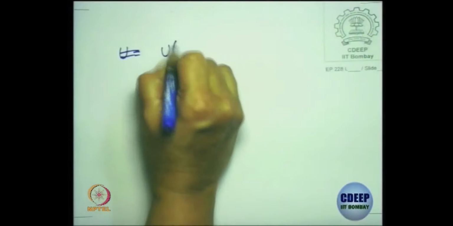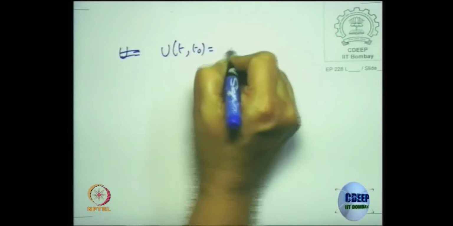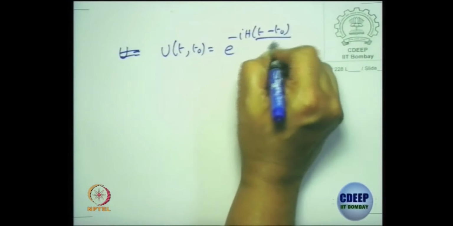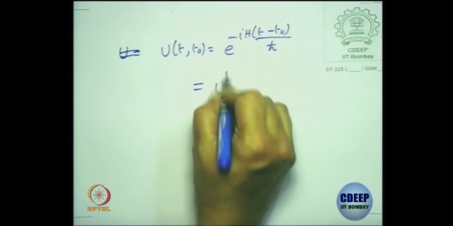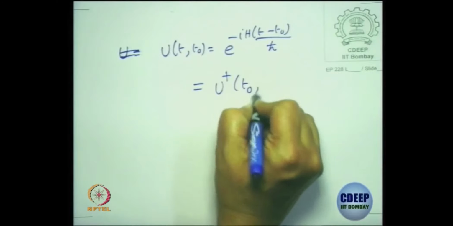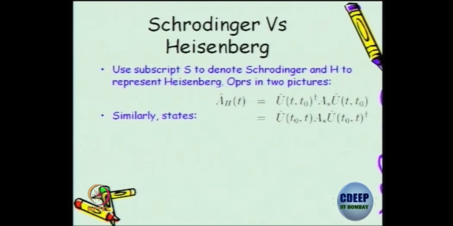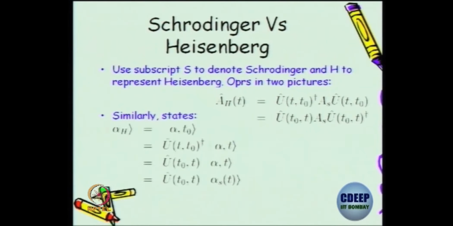You can write U of T comma T naught. You can also write this as U dagger of T naught comma T, right? Both are the same. The ones which I have written here are for the operators. Similarly, for the states, you can write the Heisenberg state to be frozen at T naught, which is the Schrodinger state.